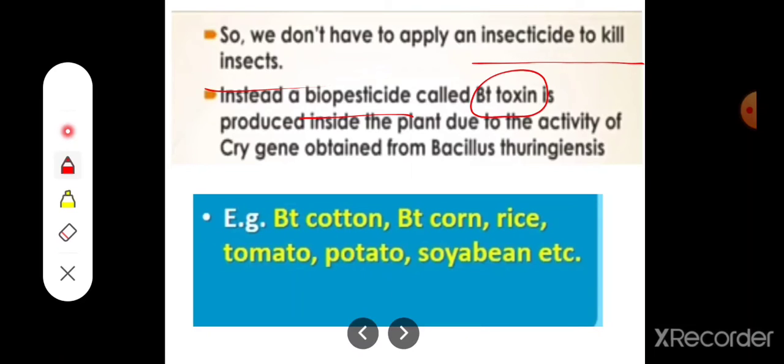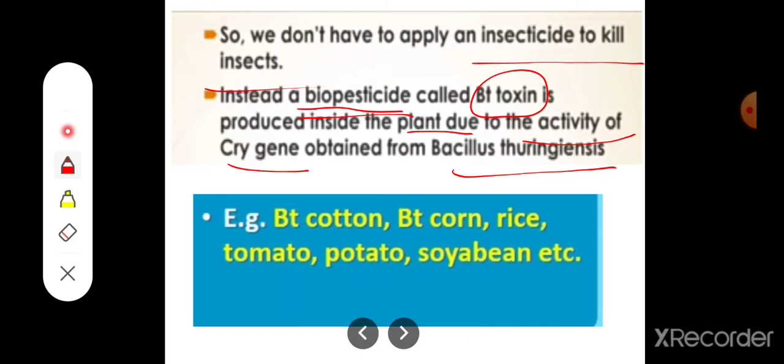We have killed that insect using a toxin obtained from a living organism, right? So this Bt toxin, called the biopesticide, is produced inside the plant due to the activity of the Cry gene, and this is obtained from Bacillus thuringiensis. So it helps in the resistance of the plant against the insect.